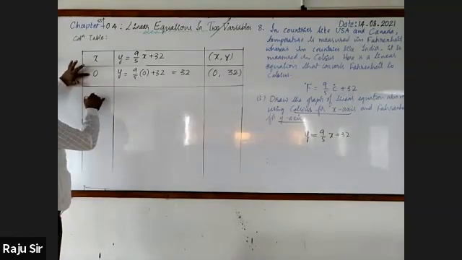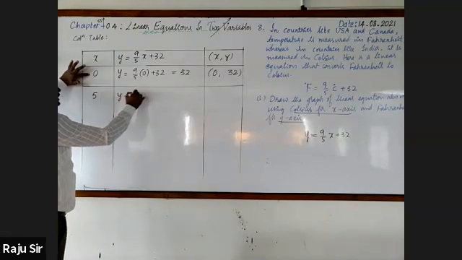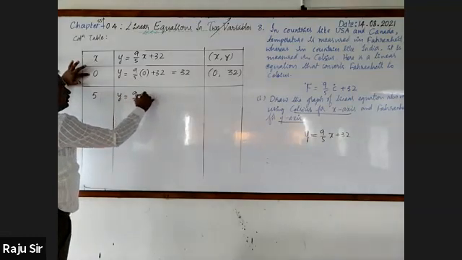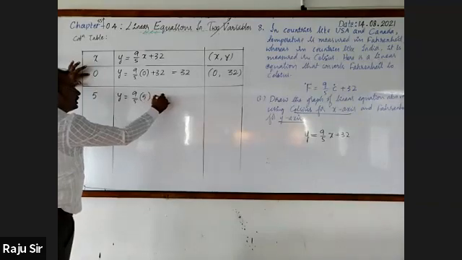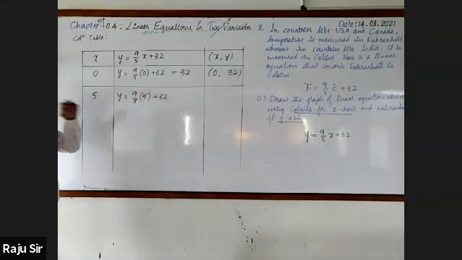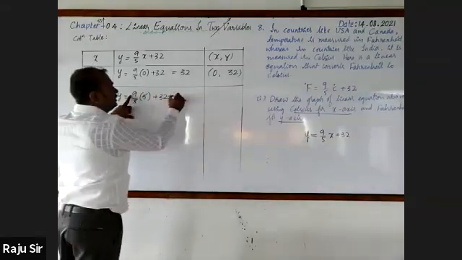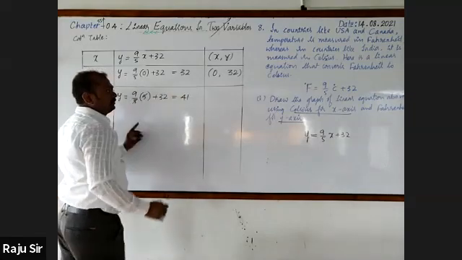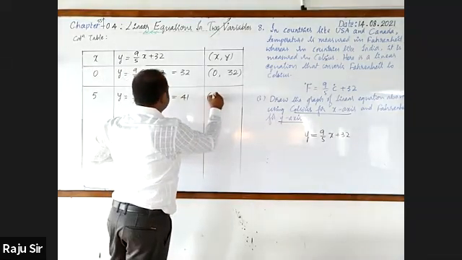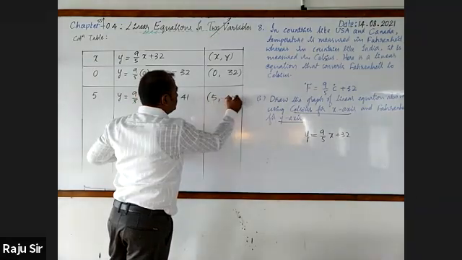Next, I take 5. y is equal to 9 by 5 into 5 plus 32. 5s get cancelled. 32 plus 9 is 41. It is 5 comma 41.